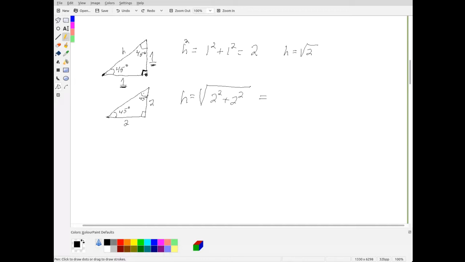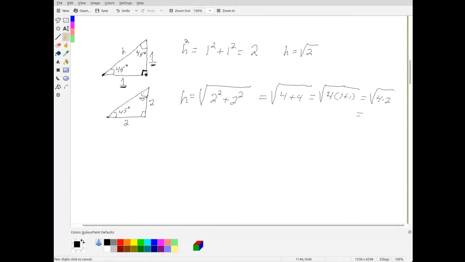If we look at that, this is going to be 4 plus 4, which is actually 4 times, 1 plus 1, which gives us 4 times 2.